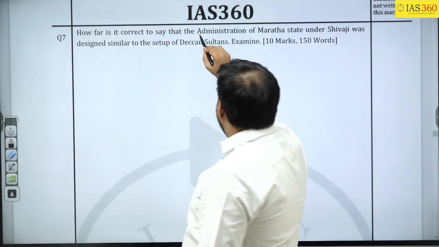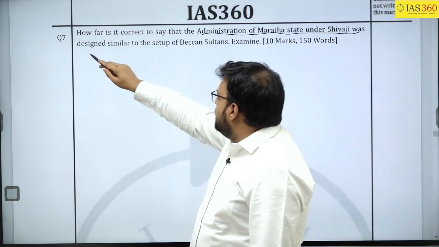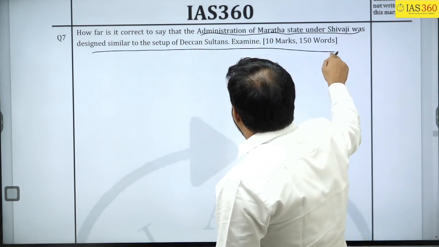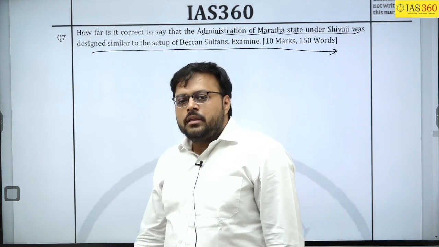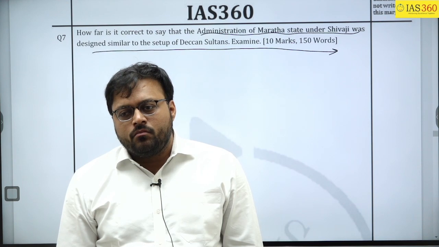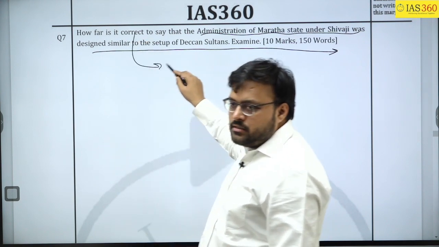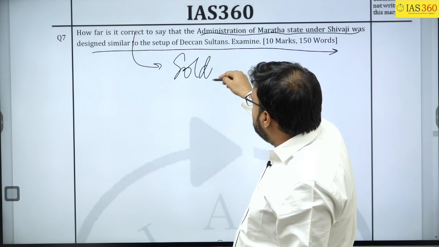How far is it correct to say that the administration of the Maratha state under Shivaji was designed similar to the setup of the Deccan Sultanates? So, how will you introduce this question? Yes, basically Marathas were soldiers.